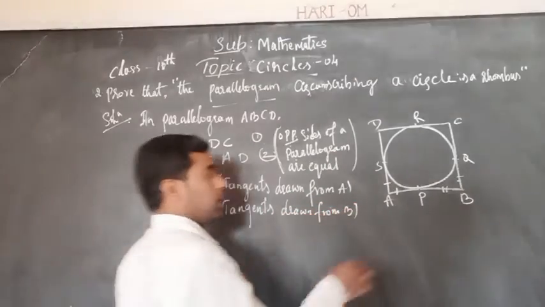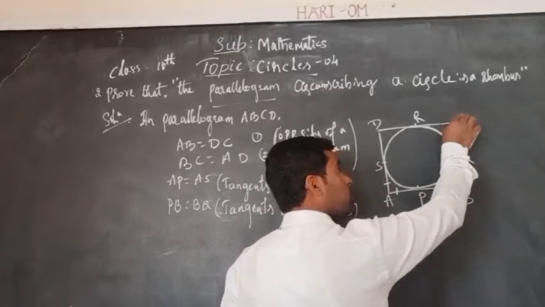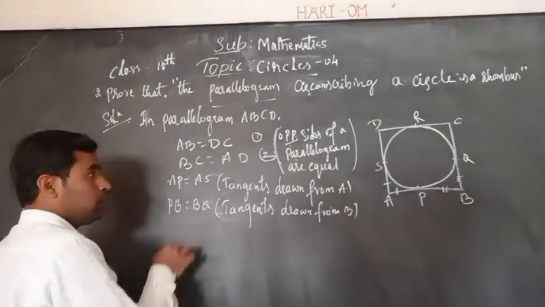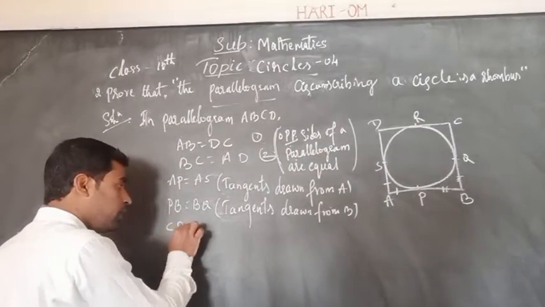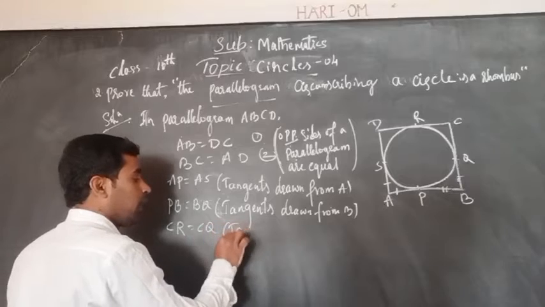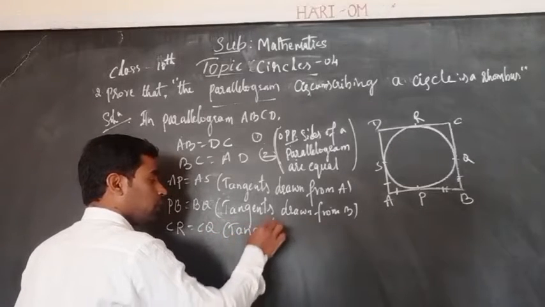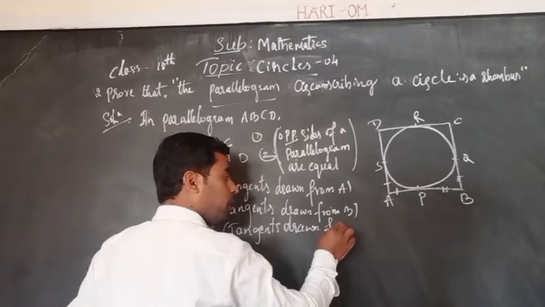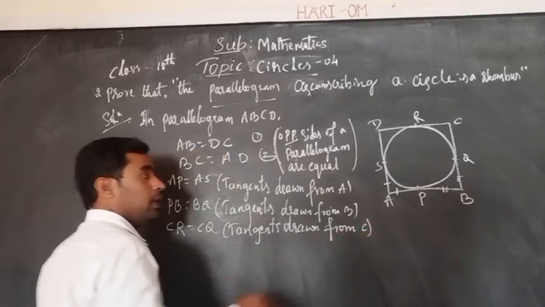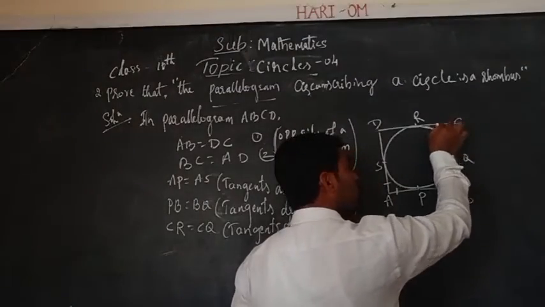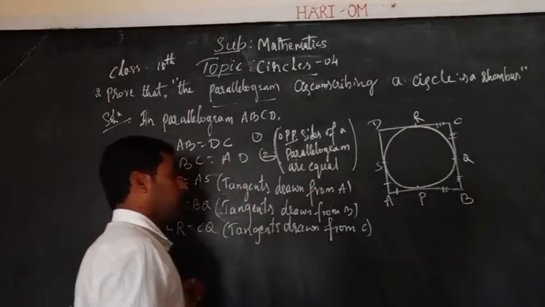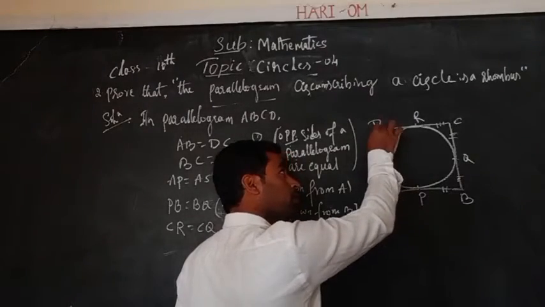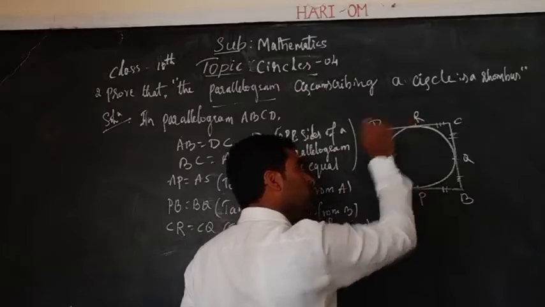Now we can take another one. C is the external point, therefore CQ is equal to CR. We can write the length of CR is equal to CQ. Reason: tangents drawn from C. Similarly, the length of DR is equal to DS because D is the external point and DR and DS are the two tangents.